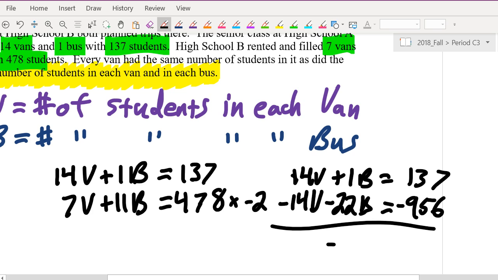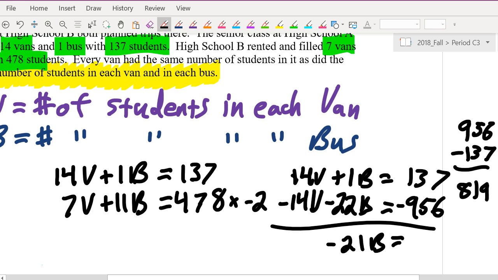And then negative 21B equals, so we got to do the math there. We need to subtract. What is it? 819 divided by 21? 39. Okay.